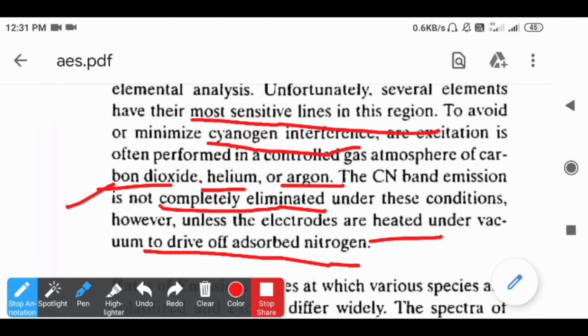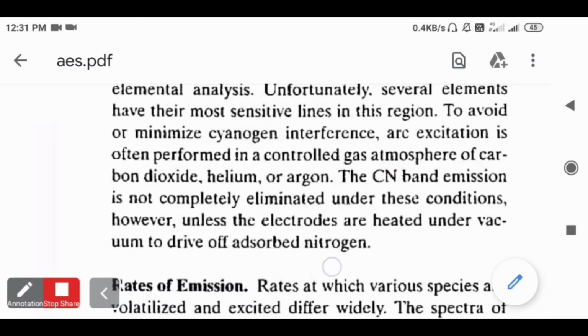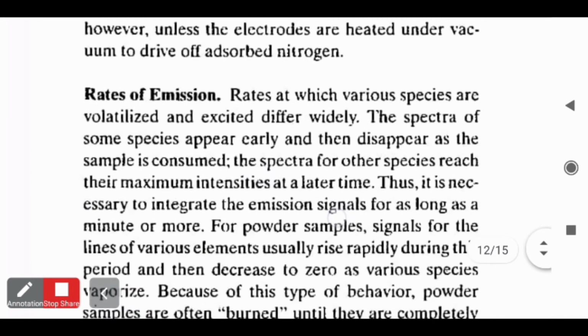If we heat the electrode under vacuum, the nitrogen present on the electrode gets eliminated. If nitrogen is not there, then the CN radical will not be formed, and as a result the cyanogen interference is eliminated.